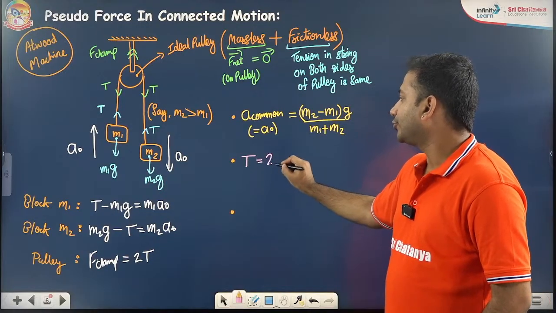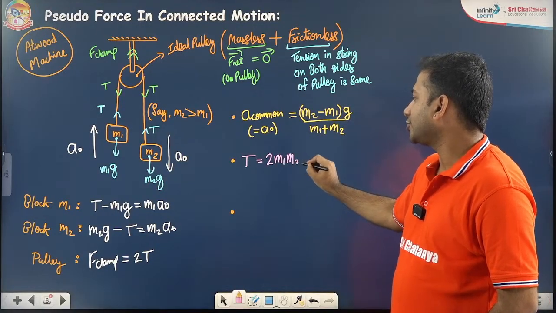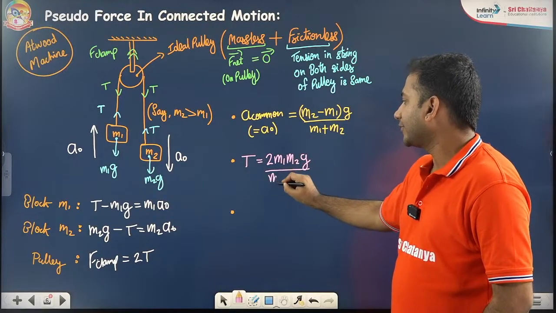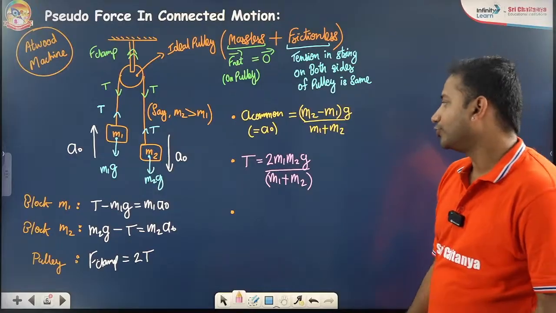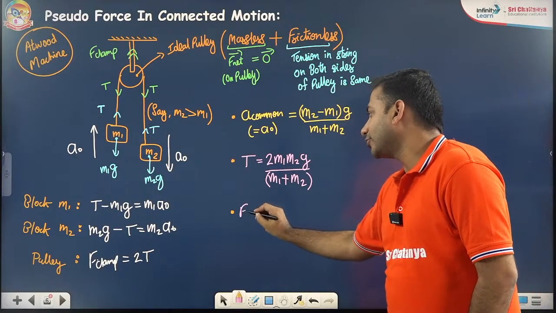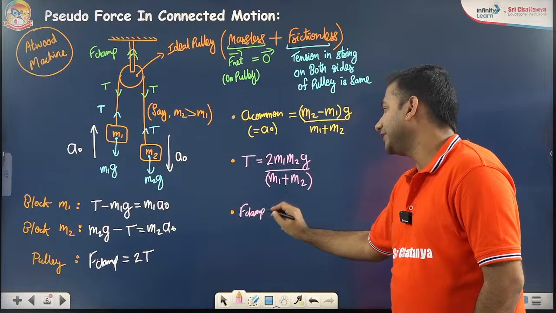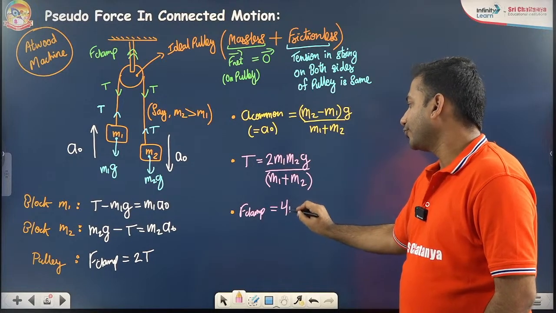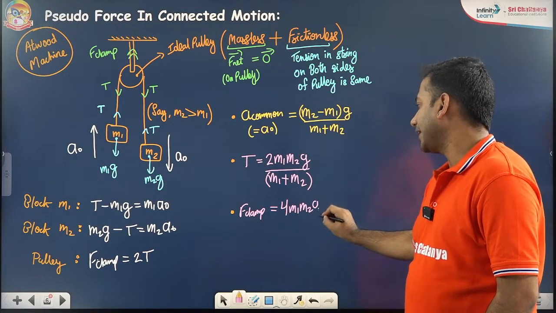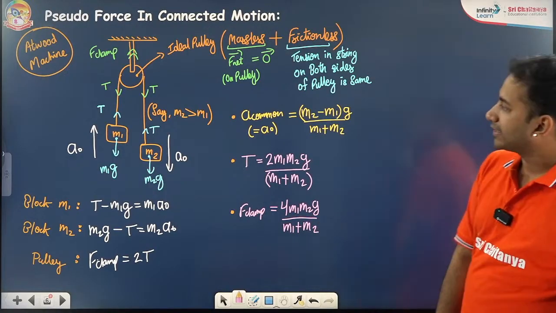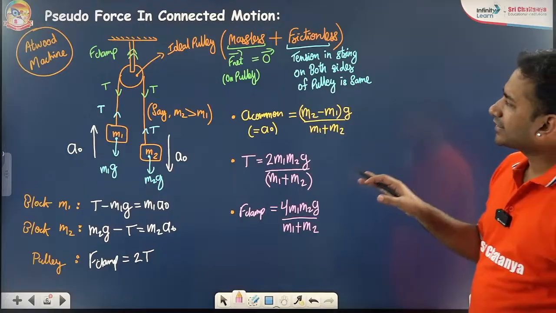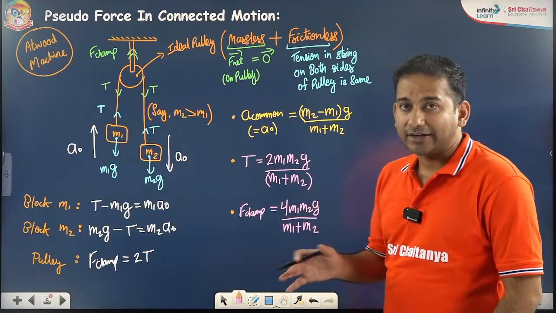Tension will be equal to 2 M1 M2 G by M1 plus M2. And then if you talk about F clamp, that is double of the tension. So that will be equal to 4 M1 M2 G by M1 plus M2. These are the results. That is the introduction to the Atwood machine.